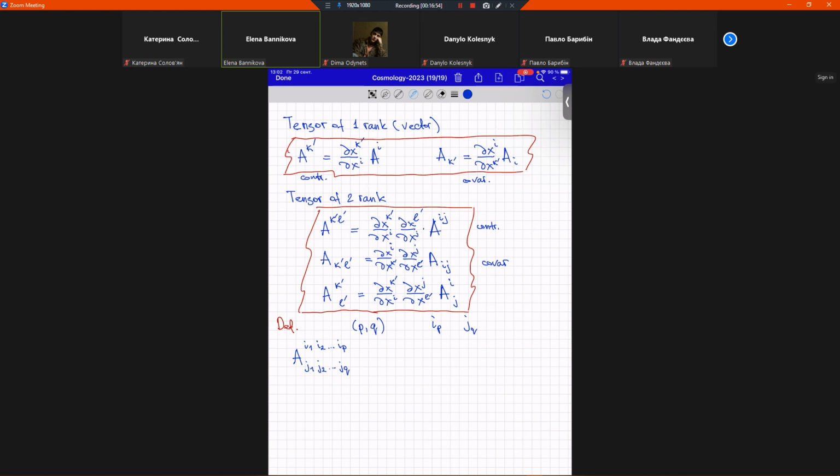And so a tensor of type PQ is called an object given by a set of numbers. So this is a set of numbers in the coordinate system, this corresponds to the coordinate system xi, if a transition to the coordinate system xi prime happens, these numbers are transformed as follows.